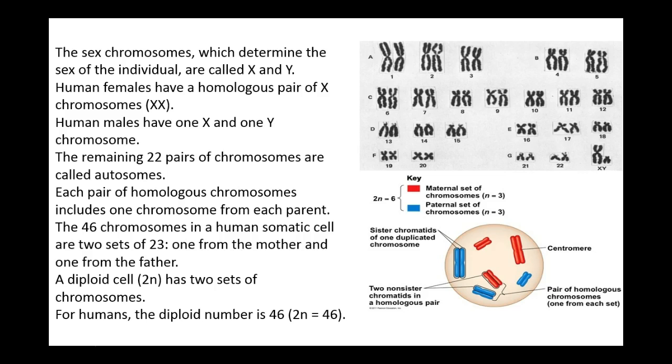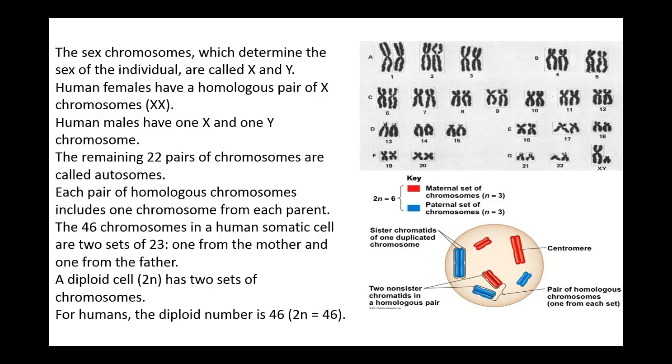So the autosomal or somatic cell is going to be considered a diploid cell. So it's 2N, 2 sets of chromosomes. And the diploid cell number for humans is 46. 2N equals 46. So 2 times 23, 46 chromosomes in the human.